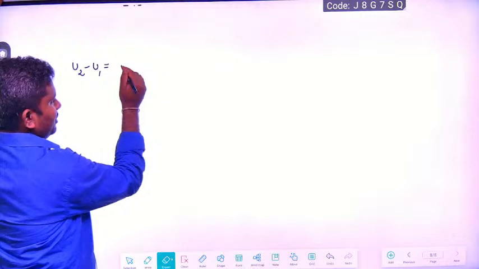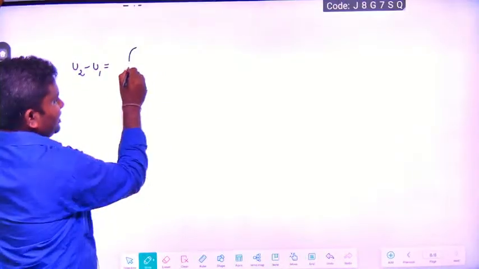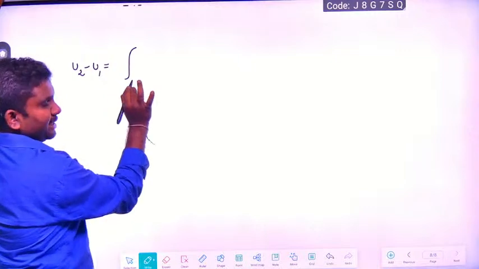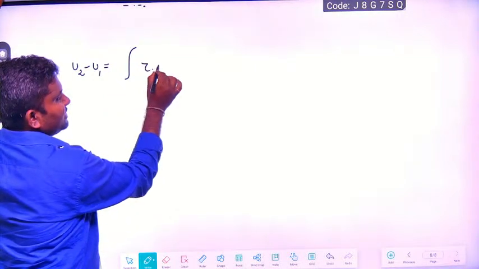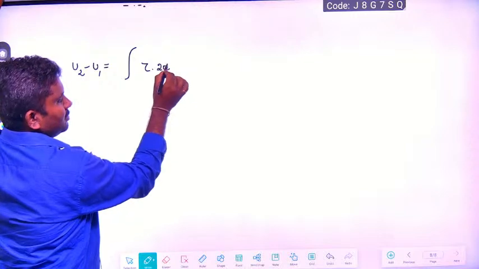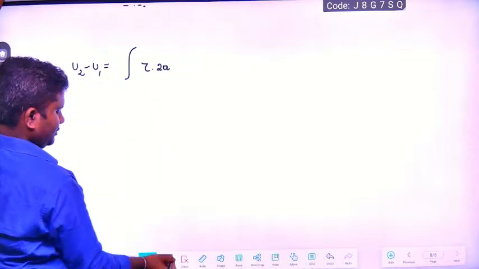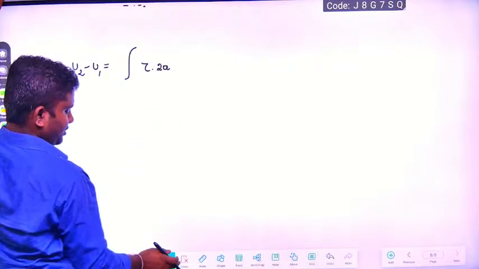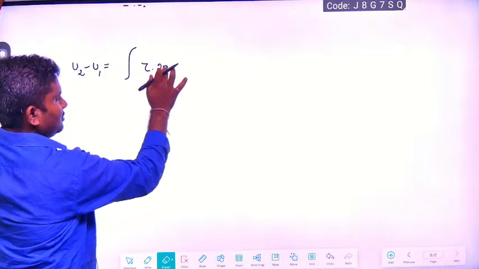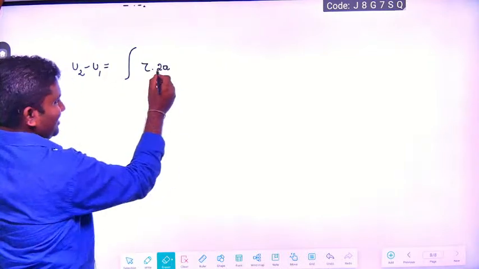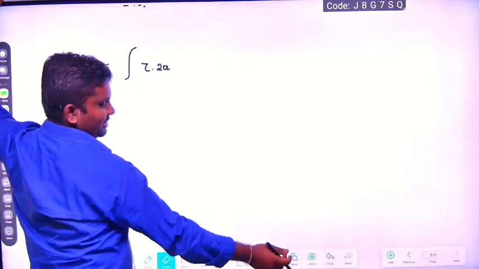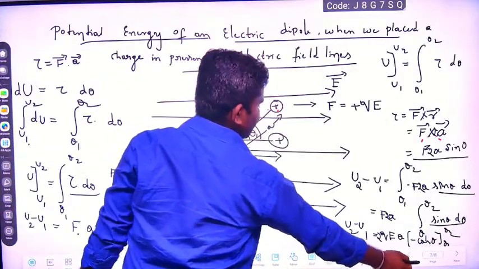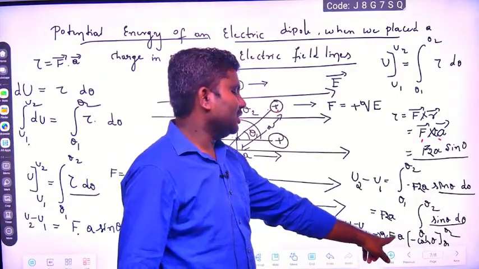U2 minus U1 equals how much? You see, what we got is the integration of tau into distance 2A, which is 2QEA, correct?